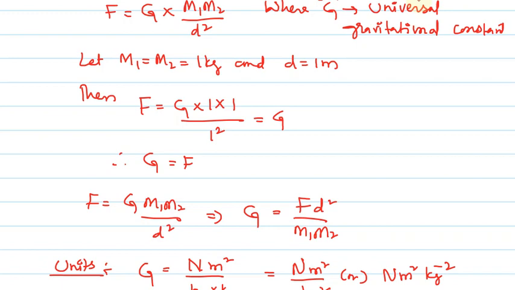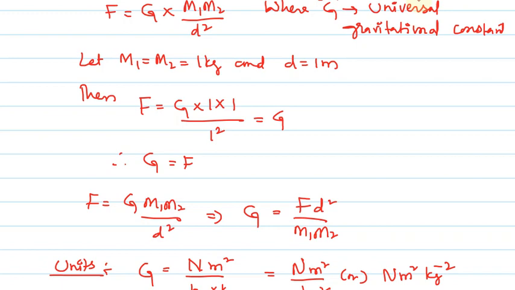That means capital G is independent of the distance between two bodies, and it is also independent of the medium between the bodies. Along with mass and distance, it is also independent of the material with which the bodies are made up of. And anywhere in the universe we can consider two bodies. For all these reasons we say that capital G is the universal gravitational constant, and the value of capital G remains the same throughout the universe, right?